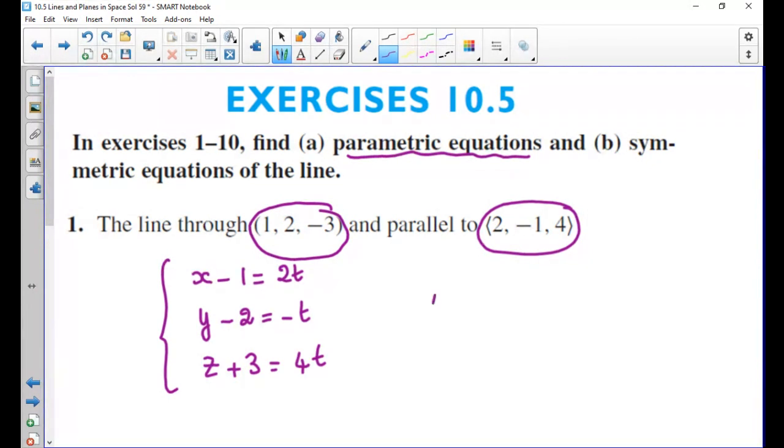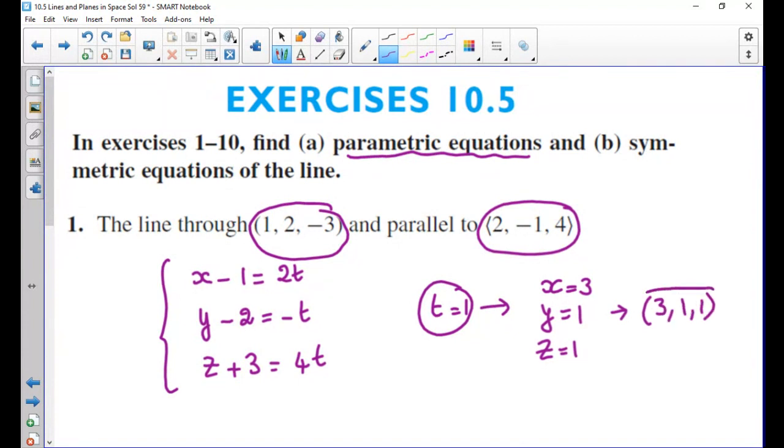For example, if I decide to take t equal 1, then I get x equal 3, y will be 1, and z equal 1. So I'm getting the point 3, 1, 1 is a point on this line, yeah? So every t will give you 1 point. So you can find 2 points, you can find 3 points, whatever. So that's basically the way you find the equation here, no problem.